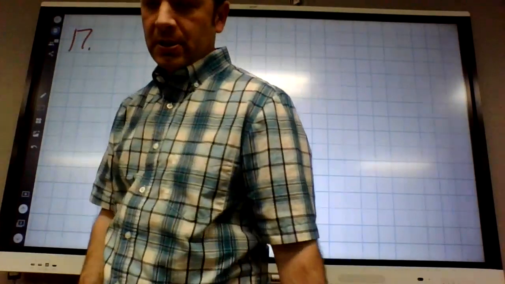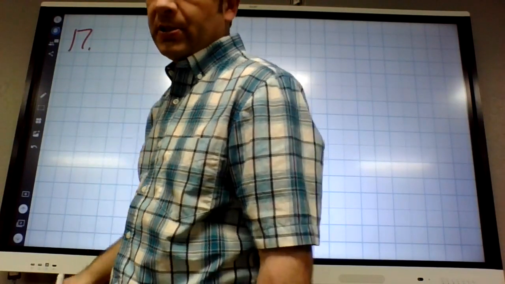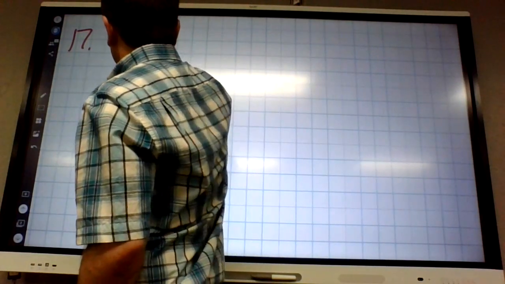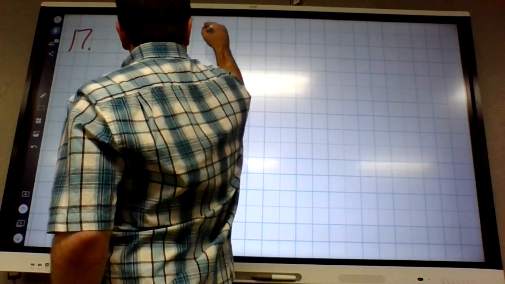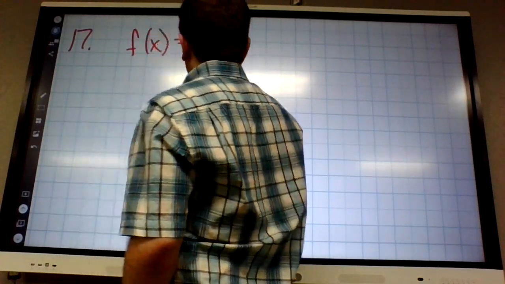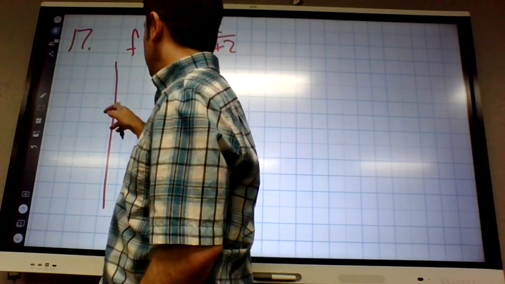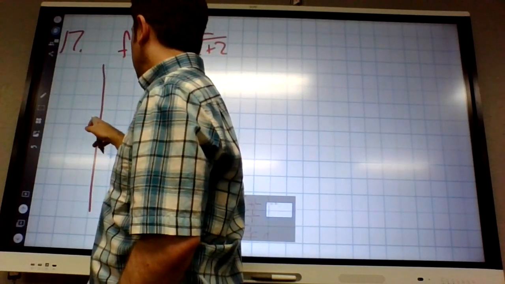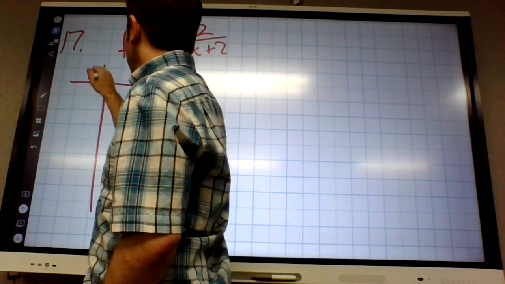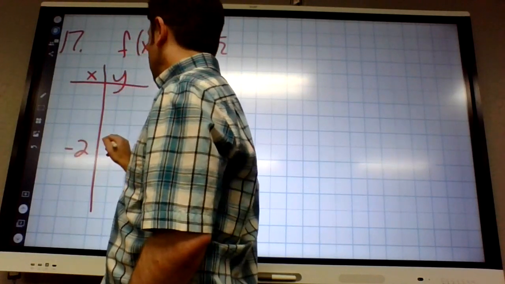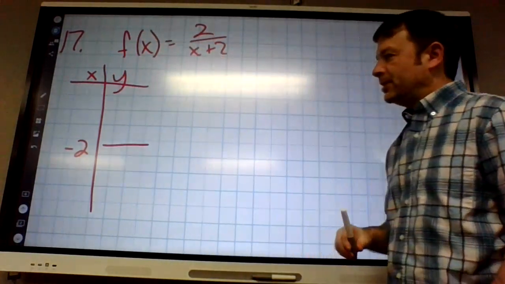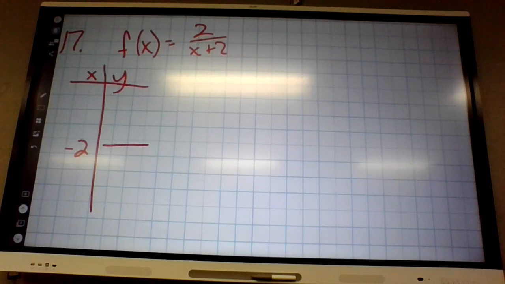Alright, last one of the odds, 17. Where is the middle of number 17 going to be? -2. Hold on, why -2? It would make the denominator 0. So -2 is our vertical asymptote.